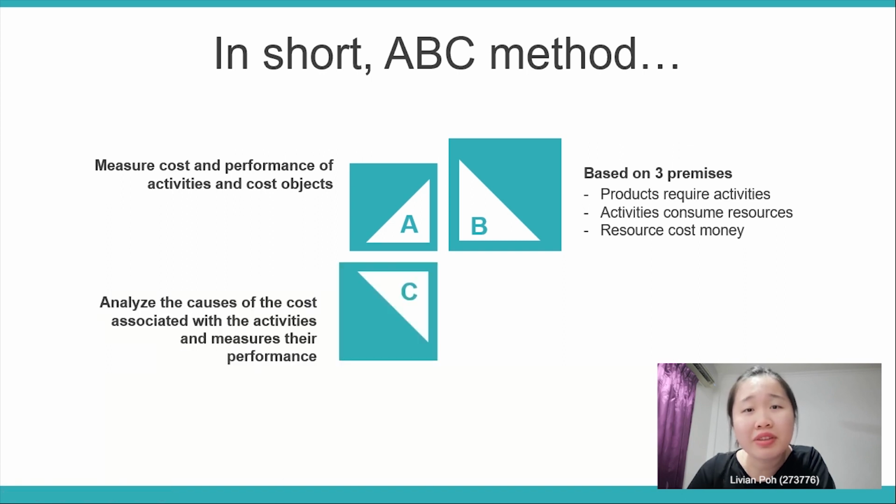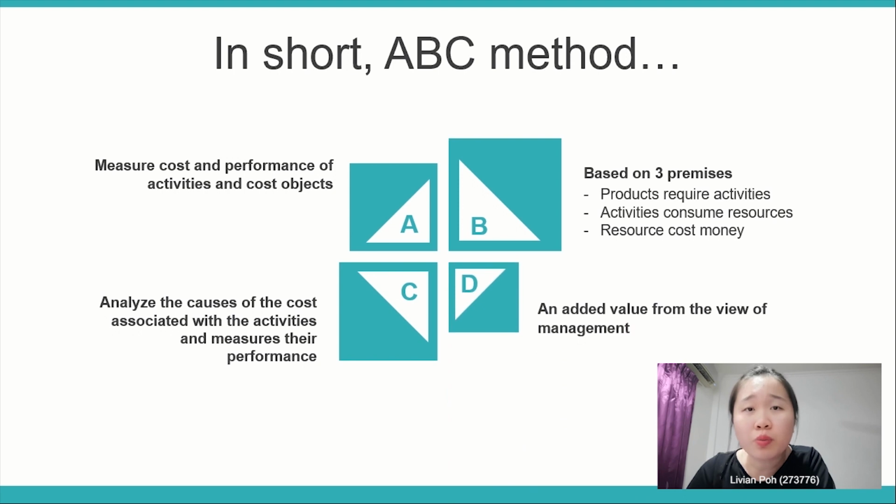Besides, the activity-based costing method allows us to analyze the causes of the costs associated with the activities and measure their performance. This method will also be an added value from the view of the management team.